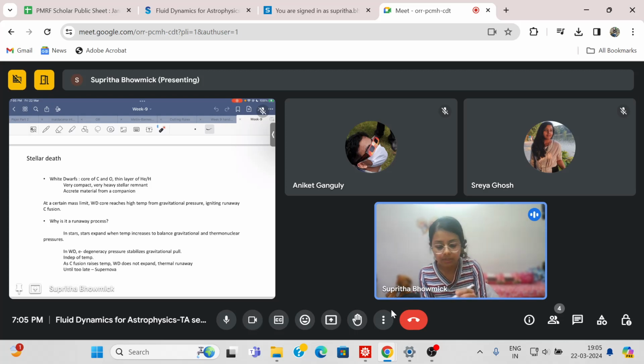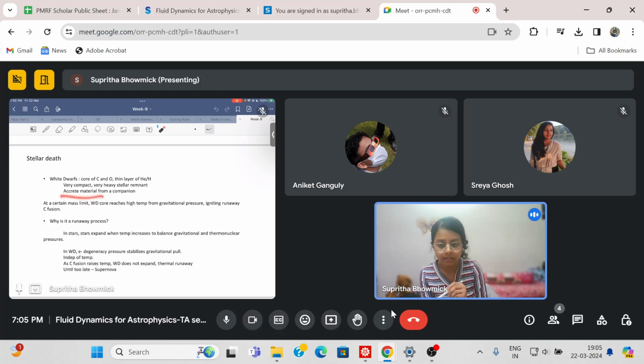Now, sometimes what will happen is these white dwarfs will find a companion and they start accreting material from this companion. Okay. So what this does is it starts accreting material and starts gaining mass.